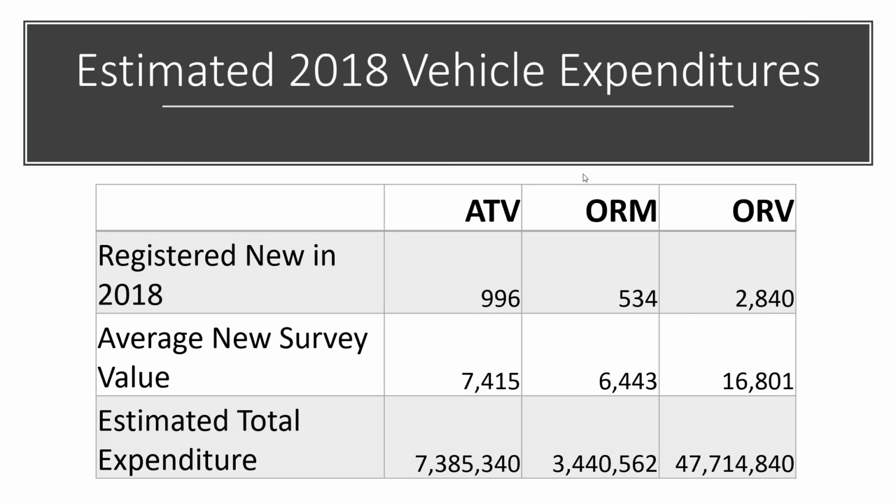Now we took those average prices for 2018 purchases and we went back to the registration list for each vehicle type and got the number of vehicles that were bought and registered new. Multiplied them out, and we got $58.5 million spent on new off-highway vehicles by Iowa riders in 2018. The lion's share of this was on side-by-sides.